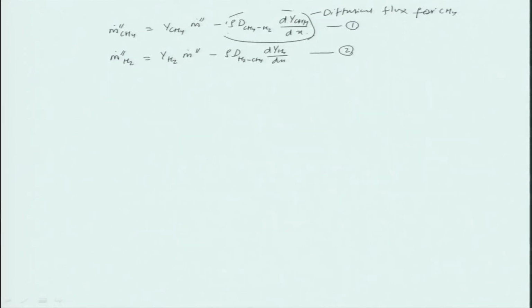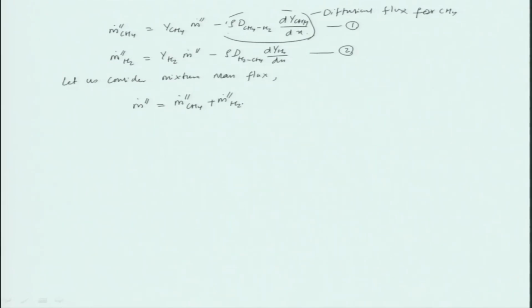Let us consider the total mixture mass flux, and this mixture is binary in nature. What is that? That is basically m dot double dash is equal to m dot CH4 plus m dot hydrogen.